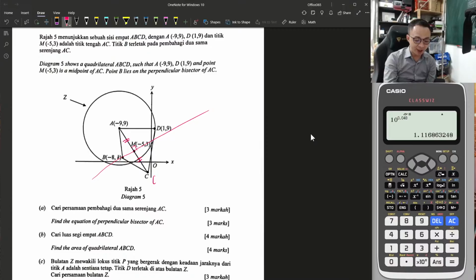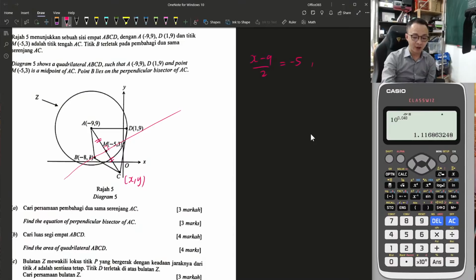I'm going to call C (x, y) here because I have the midpoint. So I say (x minus 9) over 2 equals -5, the middle x value, then comma, (y plus 9) over 2 equals 3.